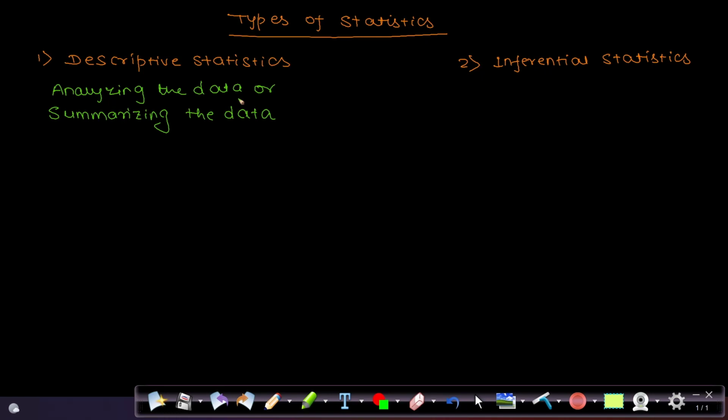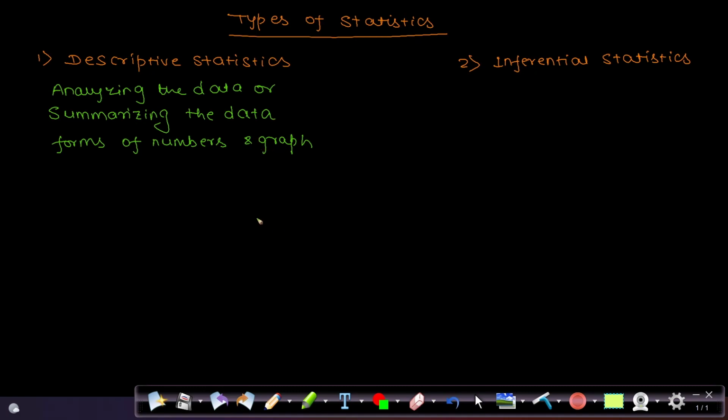There are many things we can do with the help of descriptive statistics, like organizing the data and analyzing the data in the forms of numbers and graphs.